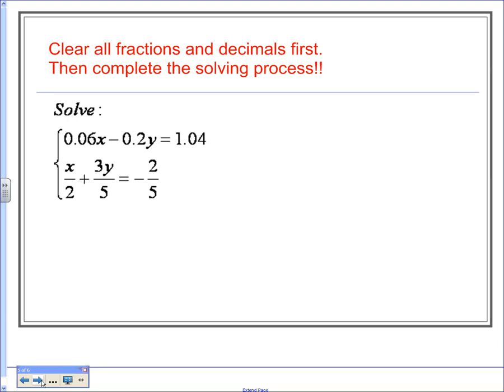You don't have to, I like to. You get rid of decimals, get rid of fractions, and you solve them.